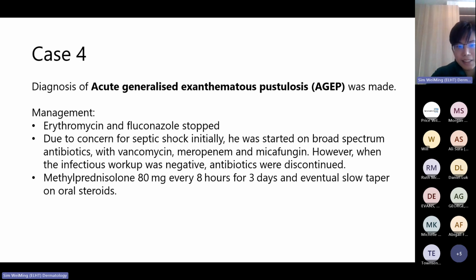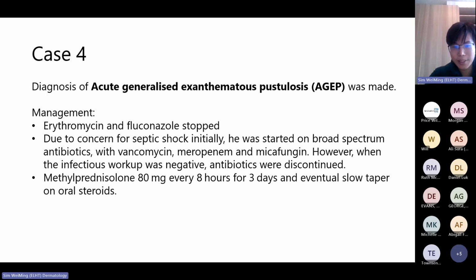So in his case, I think it's a bit tricky because I presume the man rightfully would have had Candida, and possibly even had erythrasma, but unfortunately, because we gave him erythromycin and fluconazole, we iatrogenically caused the AGEP. It's not anyone's fault. I think it's still clinically appropriate.